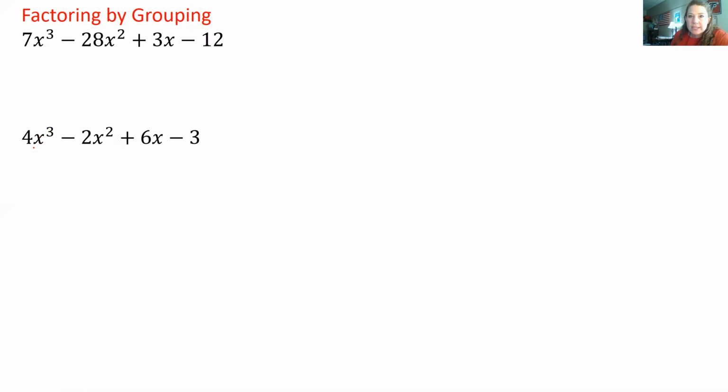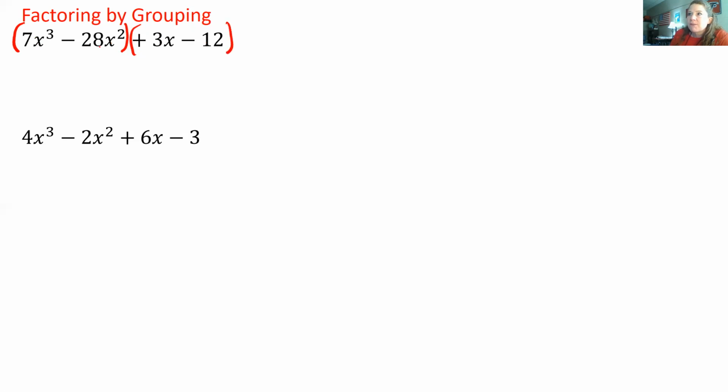The first thing, always double check, look at all 4 terms and ask, do these have any common factors? Well, they don't. I can't divide all of these by the same number. 3 won't go into 28, 7 won't go into 12, and so on and so forth. So I'm going to try factoring by grouping.